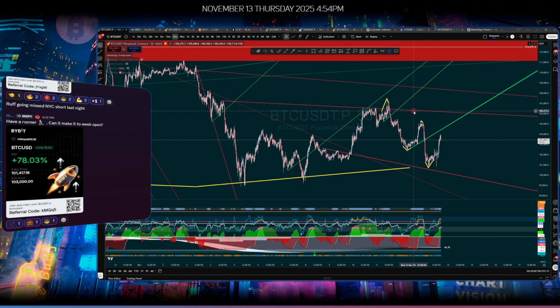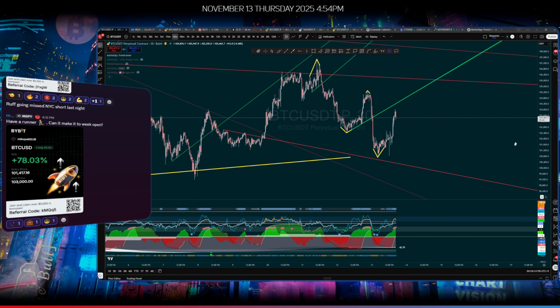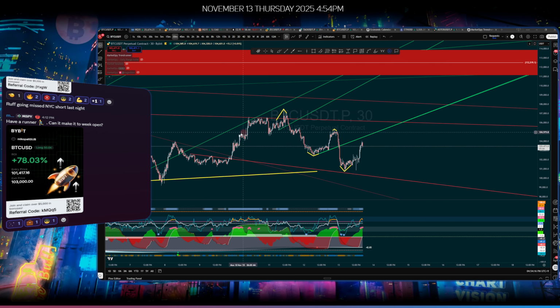So right now, it is extremely conflicting over here where we have red and green, and so that is expressed in price going up, down, and there's no defined trend over here. However, these attempts, every time we see something like this green, when price goes up, gets rejected, goes down, goes up, it is telling us that there is appetite in the market, and it would not print otherwise.